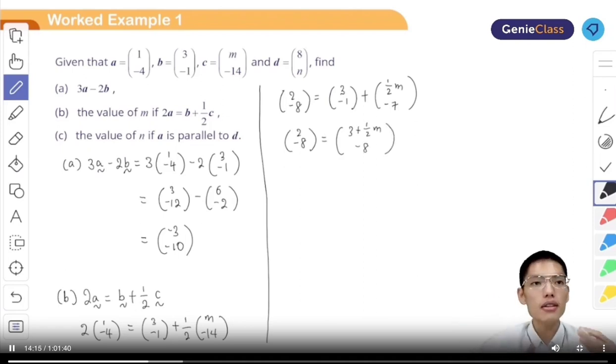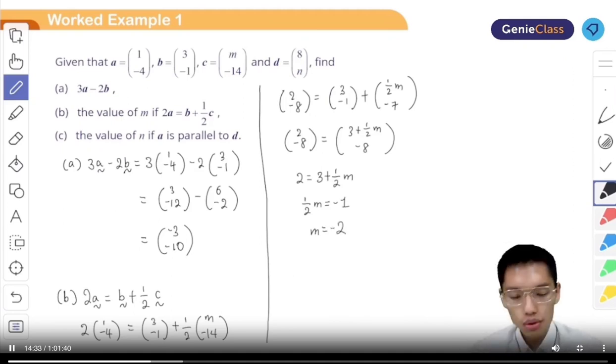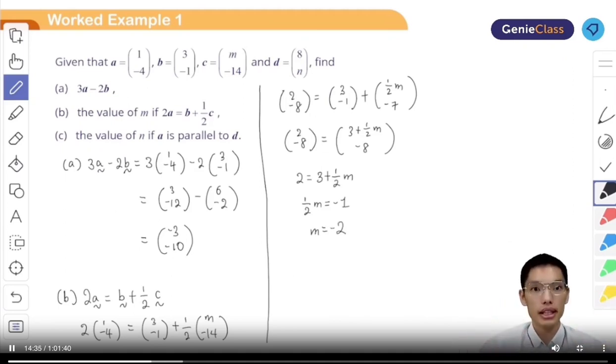Now from here, to find the value of m, if they are equal, I can just do this. And from here, I can solve for the value of m. Half m is equal to minus 1. m is therefore equal to minus 2. So again, just follow your scalar multiplication.